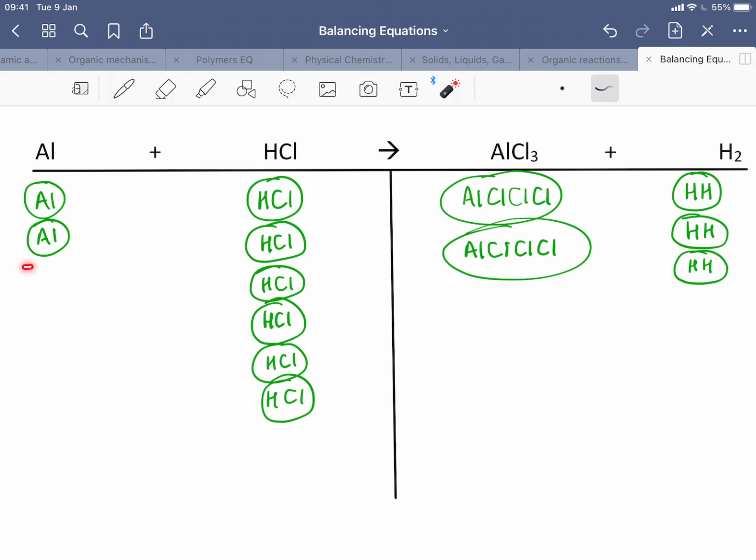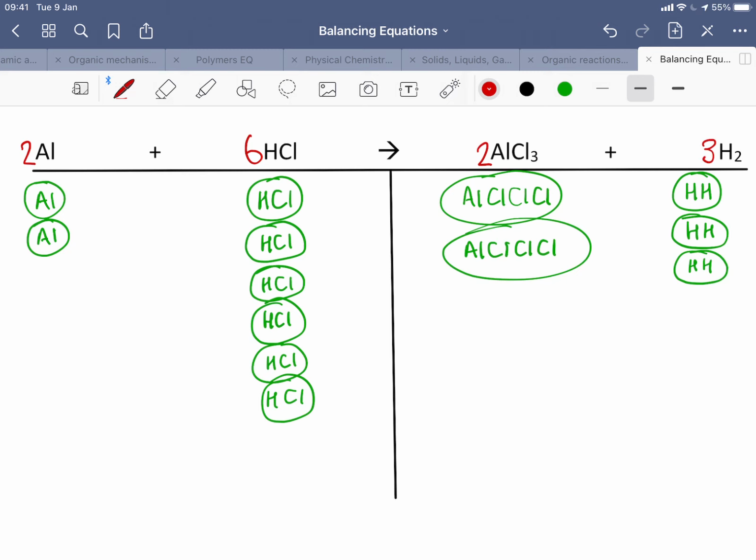So I've got 2 of the aluminium bubbles, so I put 2. I've got 6 of the HCl bubbles, so I write a 6. I have 2 of the aluminium chloride bubbles, so I write a 2. And then finally I have 3 of the hydrogen bubbles, so I write 3.